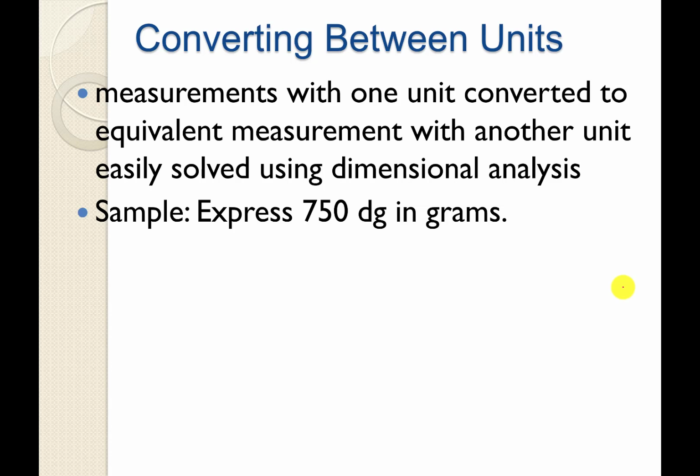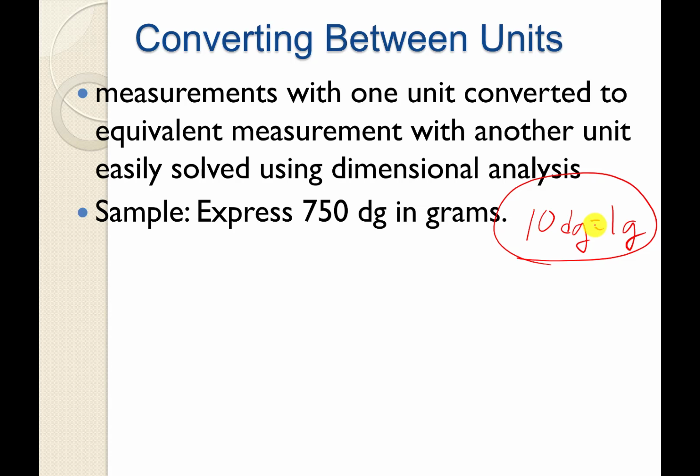We know about centigrams or centimeters is more common, but decigram is 1/10 of a gram, which means, and this is something you'll need to learn, there are 10 dg equals 1 gram. There's 10 decigrams in a gram. All right, so with this information, with that little help, I want you to figure this problem out.